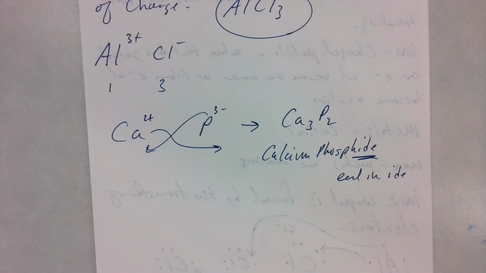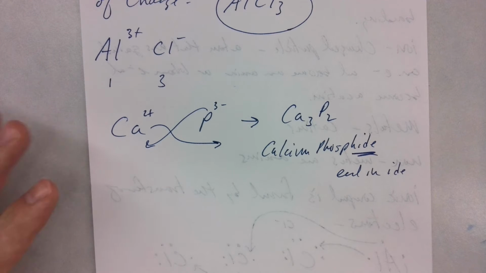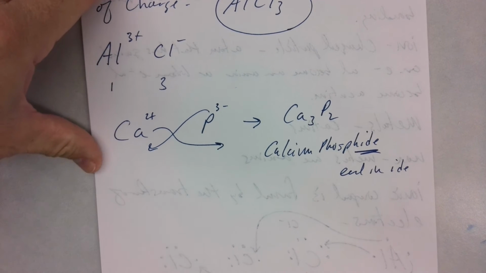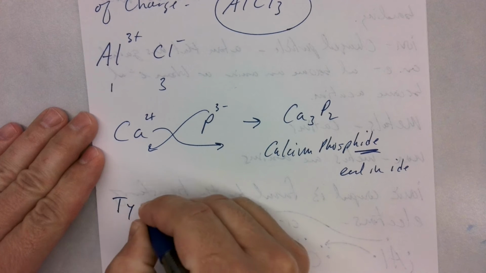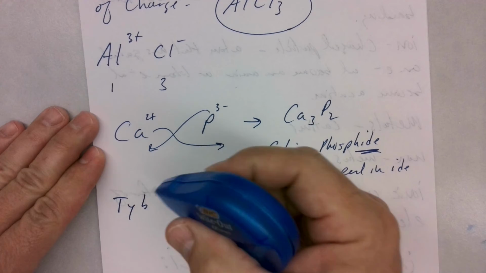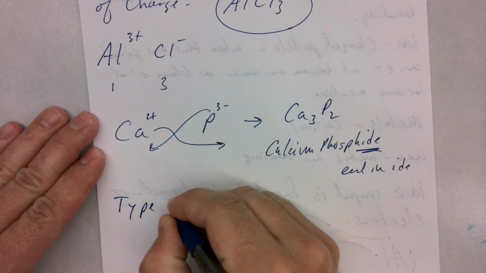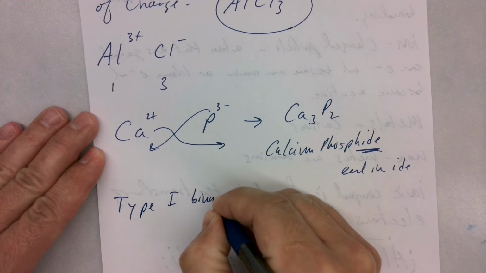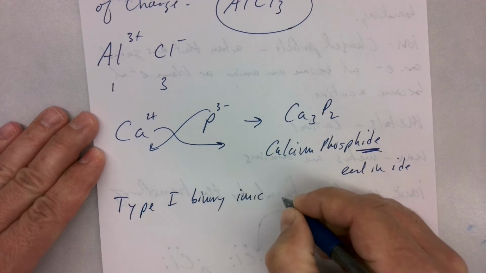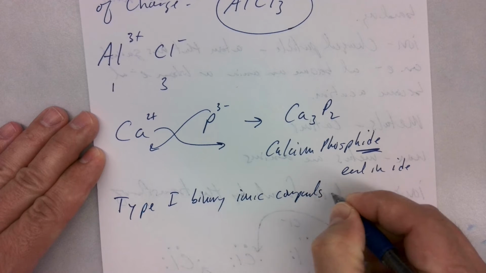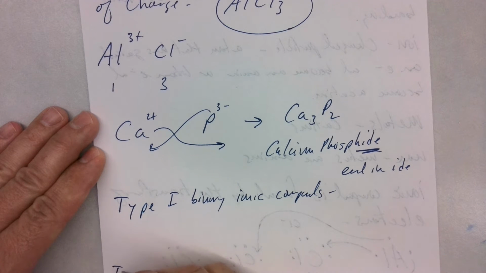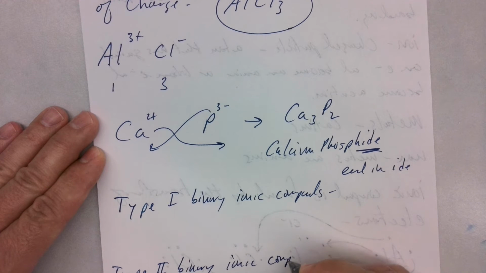Now, let's go here. What we're going to do today is talk about 2 different things. We're going to talk about what are known as type 1 binary ionic compounds, and then we're going to talk about type 2 binary ionic compounds.